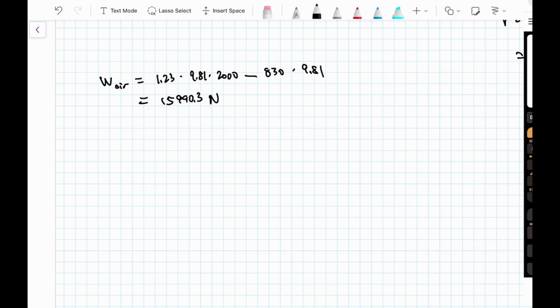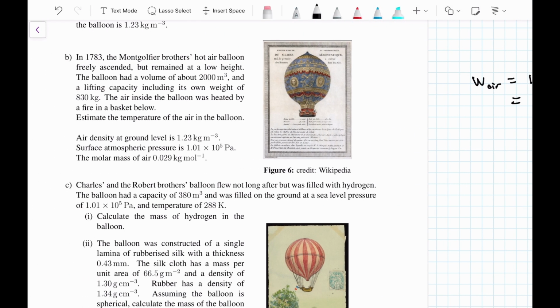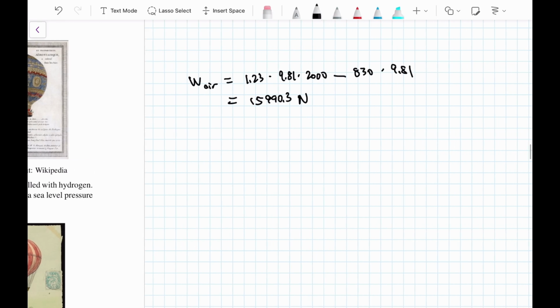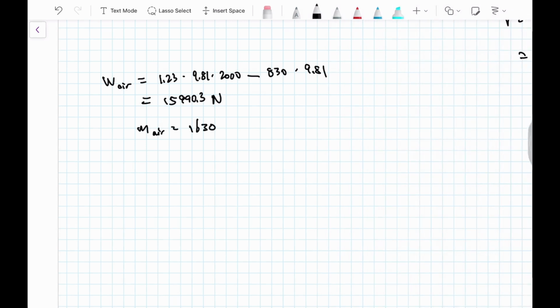Then I think we need to calculate the mass, because in order to calculate temperature we need to make use of the ideal gas equation given the molar mass. So the mass will be equal to this divided by 9.81. That is a whole number, and it's in kilograms.